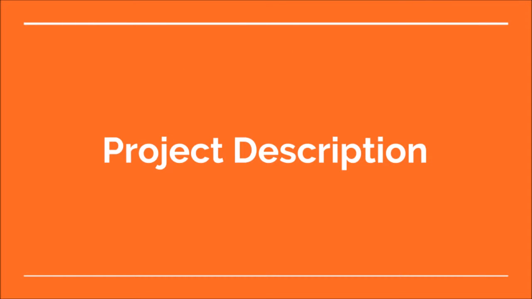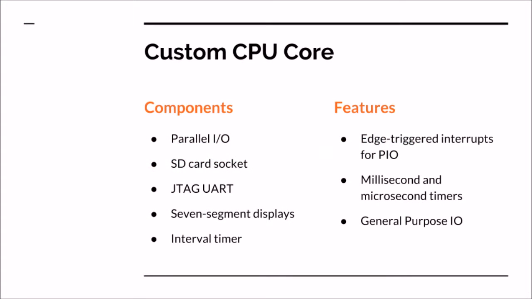Next, we will go over a description of the actual project itself. As previously mentioned, this project uses Quartus and FPGA to construct a custom CPU, and some of the components that the CPU uses is parallel I/O for inputs such as the flip switches and the push buttons.